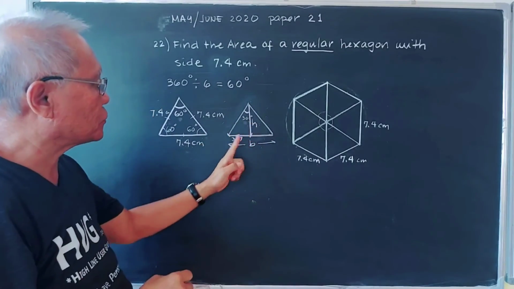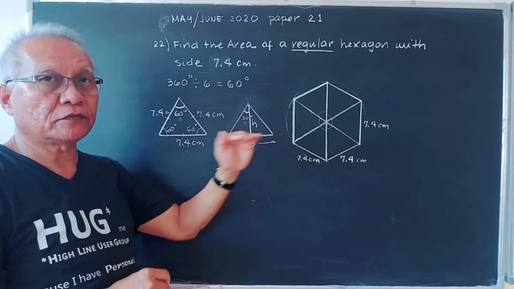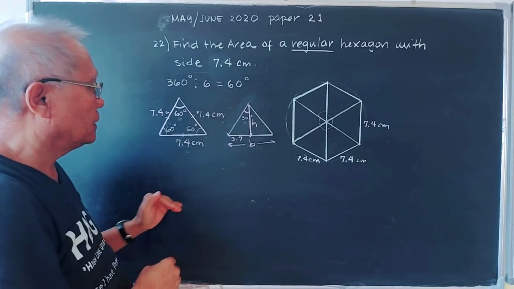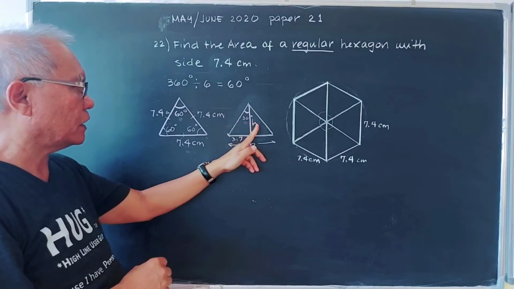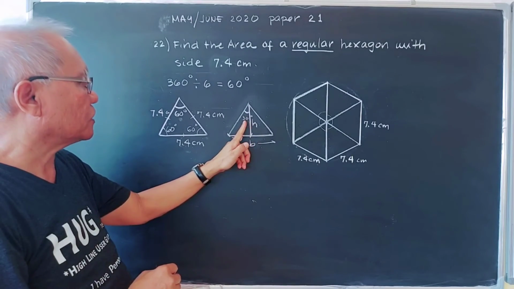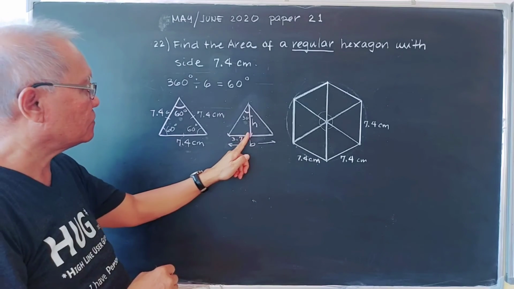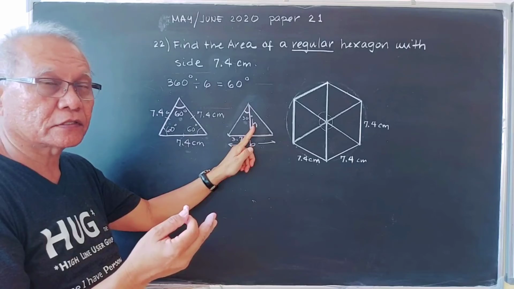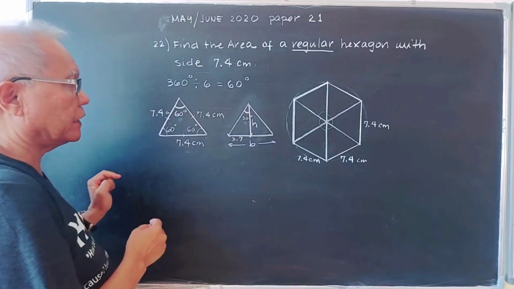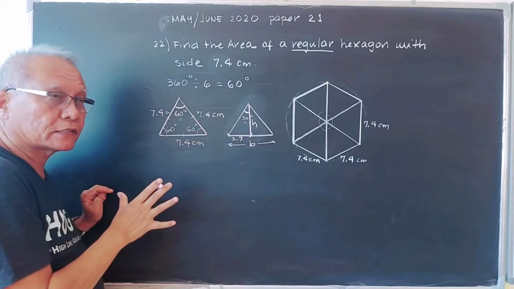After solving for h, we can solve the area of one triangle, and then we multiply it by 6 to get the total area. If you want to use this h, 1/2 base, then we have tangent 30 degrees is equal to the opposite, 3.7, divided by h, and solve for h. But there is another way using the area formula for two sides and an angle.